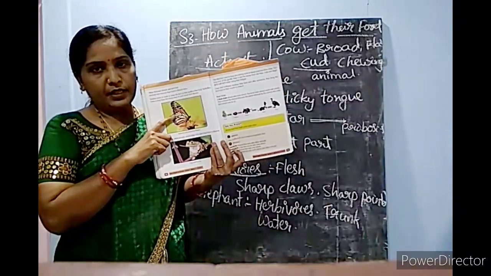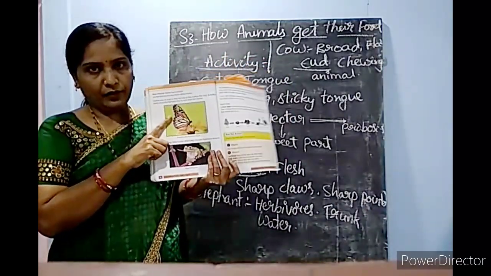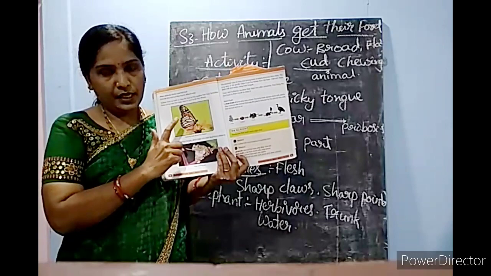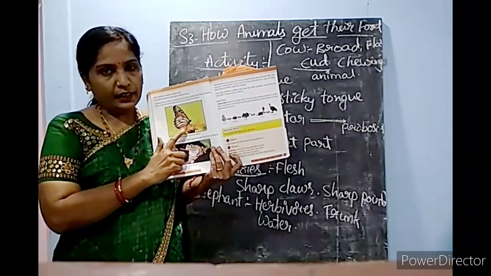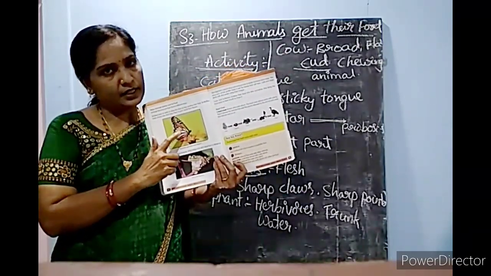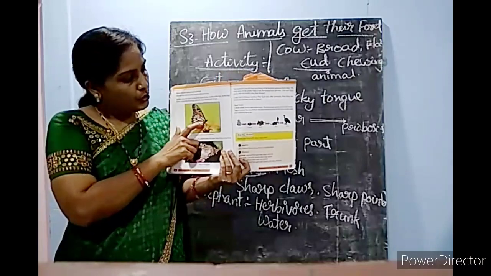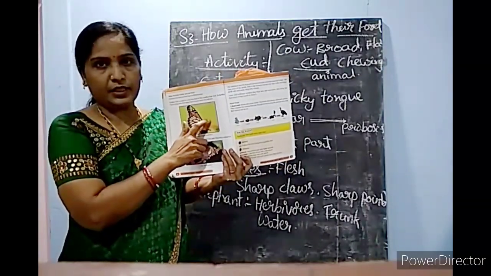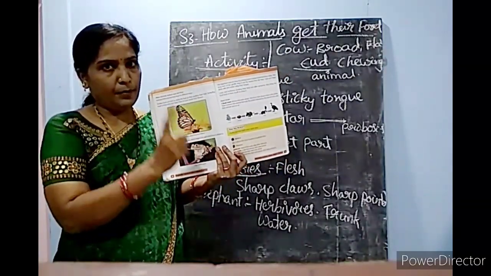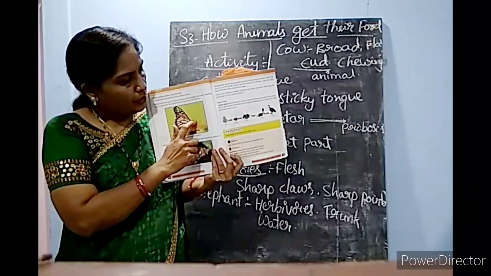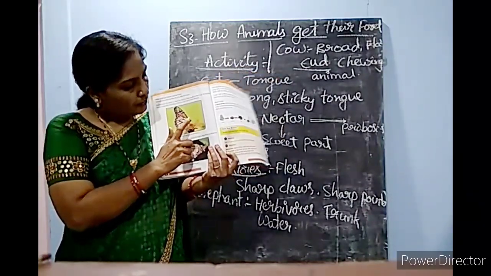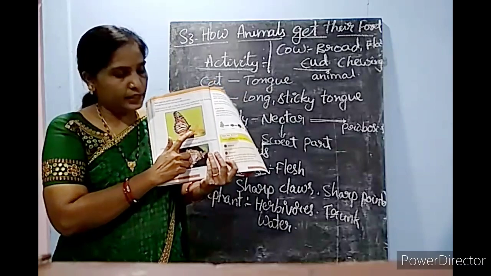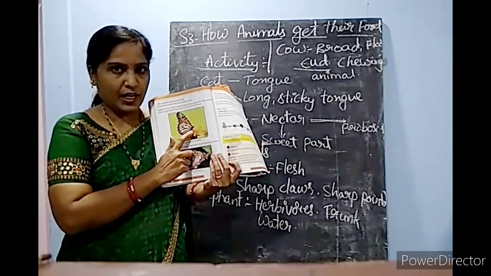Which animal is it? It's a butterfly. The butterfly eats nectar. It sucks nectar from flowers. A long tube-like structure you can see in your textbook is known as the proboscis. With the help of this proboscis, it's sucking nectar from flowers.